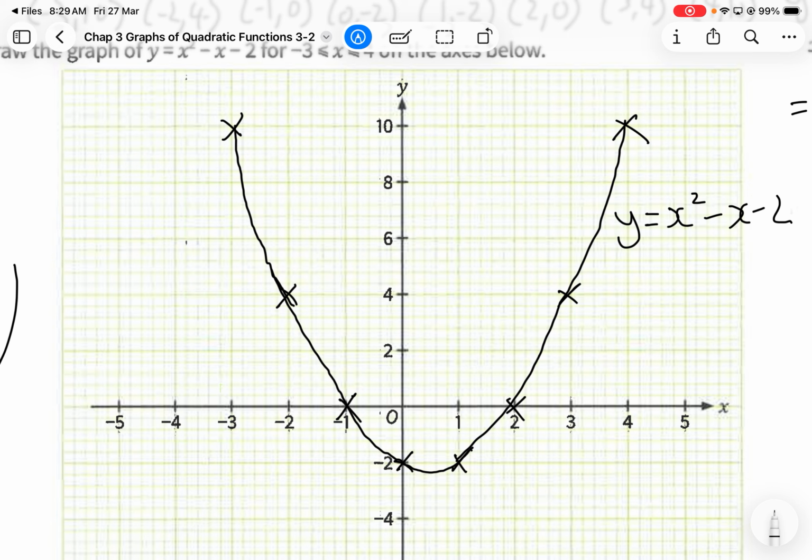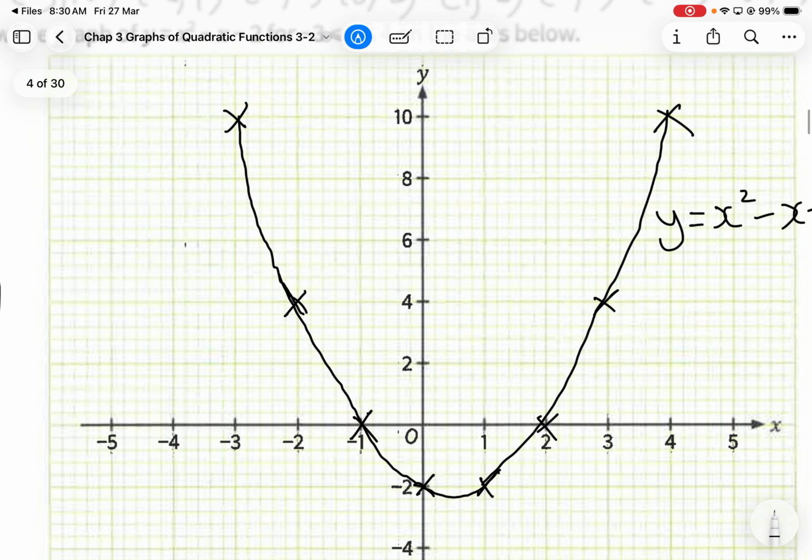Meaning, this whole graph, if I mirror it like that, it will be exactly the same. So they actually want you to find the line of symmetry. That means the line that they reflect, that they mirror.